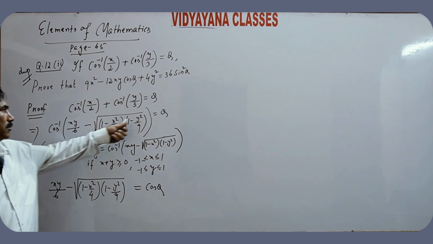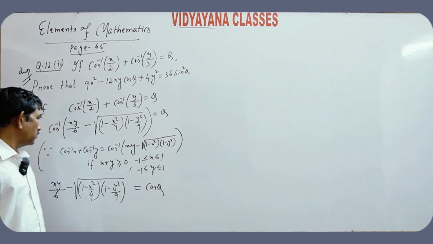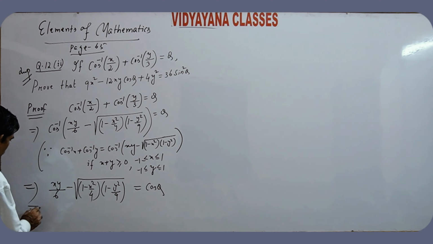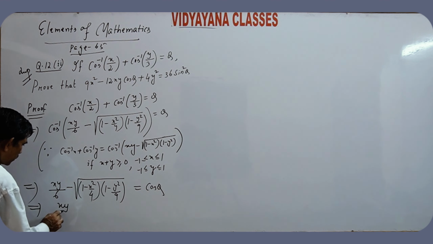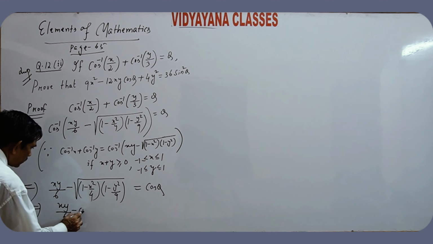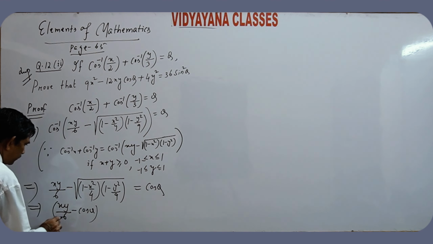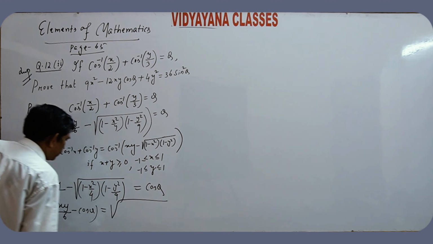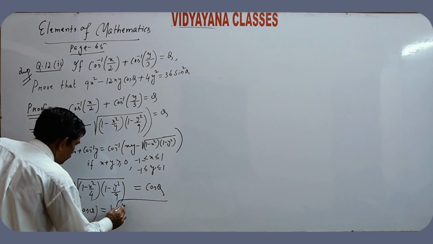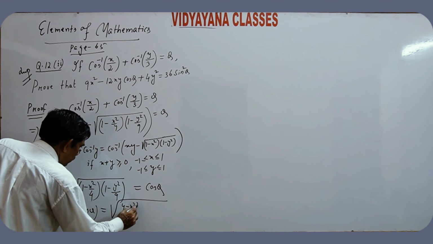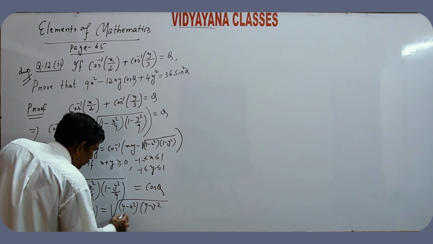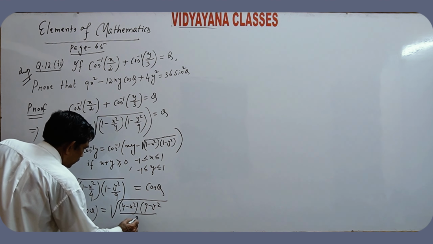Cos inverse of this is equal to theta, this value is equal to cos theta, which implies xy divided by 6 minus cos theta is equal to square root of (4 minus x square) into (9 minus y square) divided by 36.